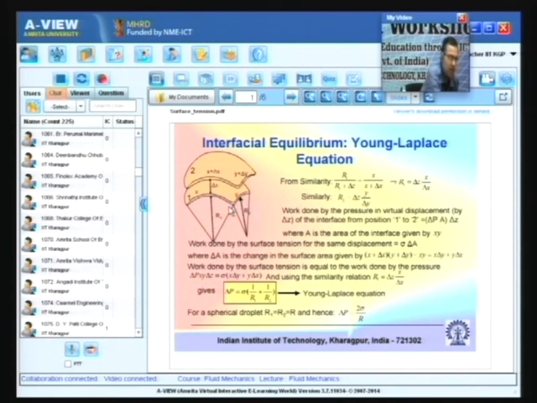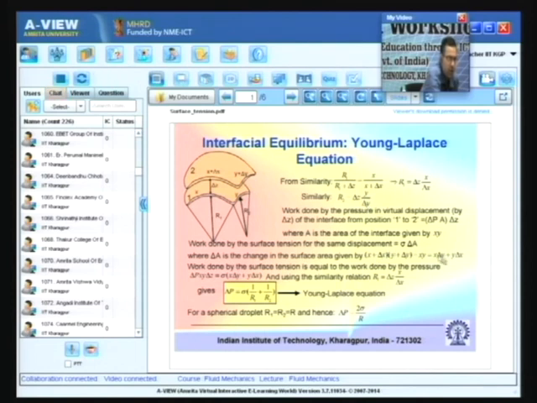Let r1 and r2 be the radii of curvature of these sides. From the similar triangle concept we can write r1 by r1 plus delta z is equal to x divided by x plus delta x, so r1 becomes delta z into x by delta x. Similarly, r2 becomes delta z into y by delta y.